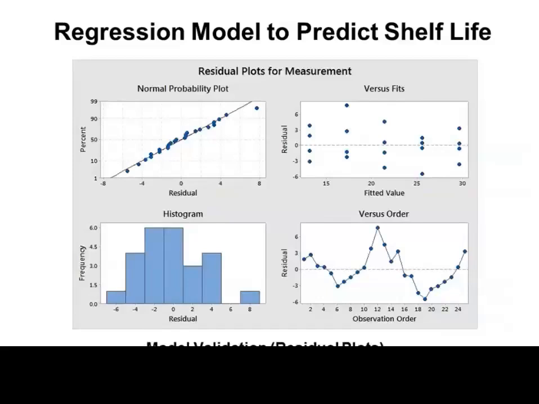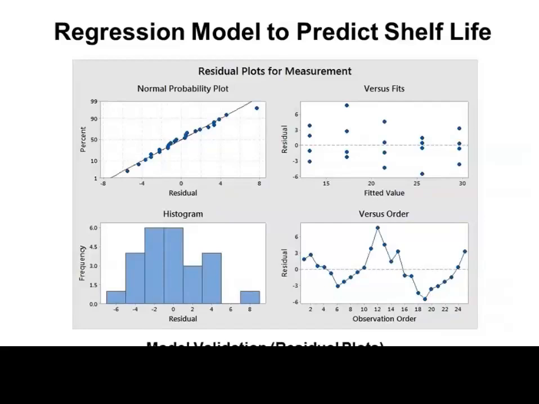Okay, now recall there were some requirements to use these basic regression models. One is that the errors or residuals are normally distributed, so they give you this normal probability plot. I don't want to go too much into this because of time, but we want to see the dots follow a mostly straight line, and this looks great.